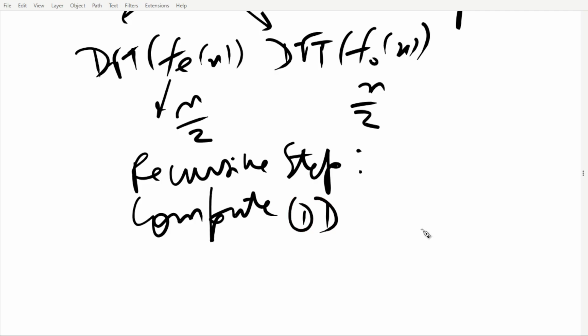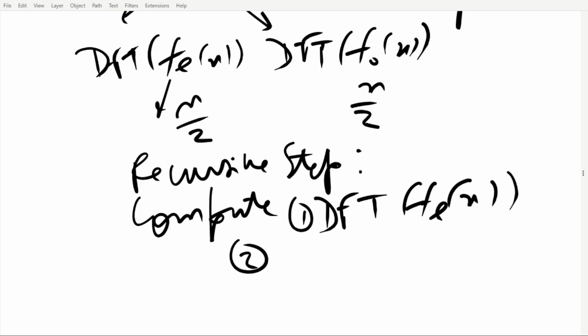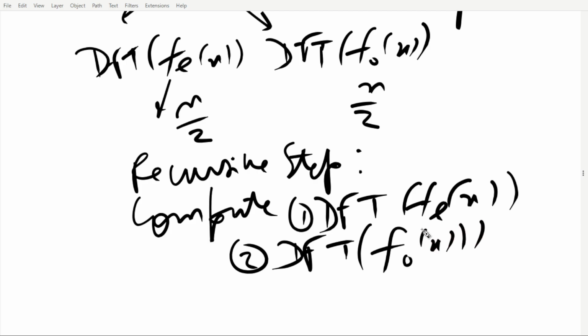First is DFT of FE of x and the second is DFT of FO of x. So we recursively solve using the same FFT algorithm. We recursively find DFT of FE(x) and DFT of FO(x) using the same FFT algorithm. And finally we combine the results. So the conquer step, how we combine the results.